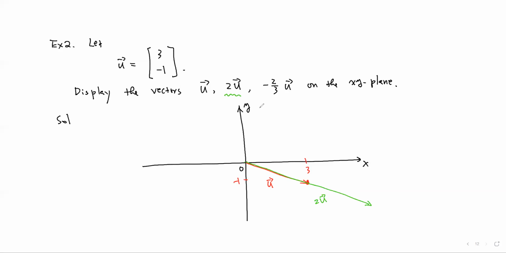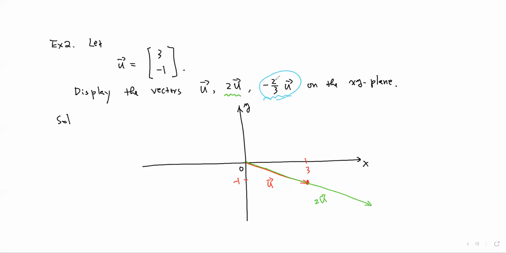Okay, now how about this vector? Yeah, this vector, -2/3 times u. Okay, first, negative. That means change direction. So this vector, the direction is opposite to the direction of u.